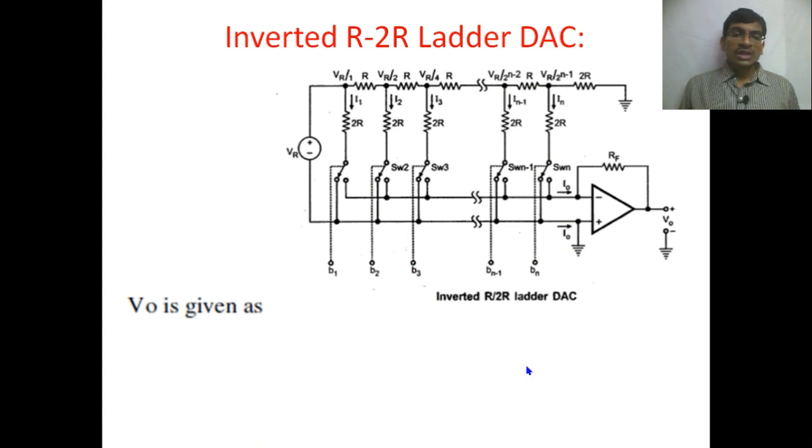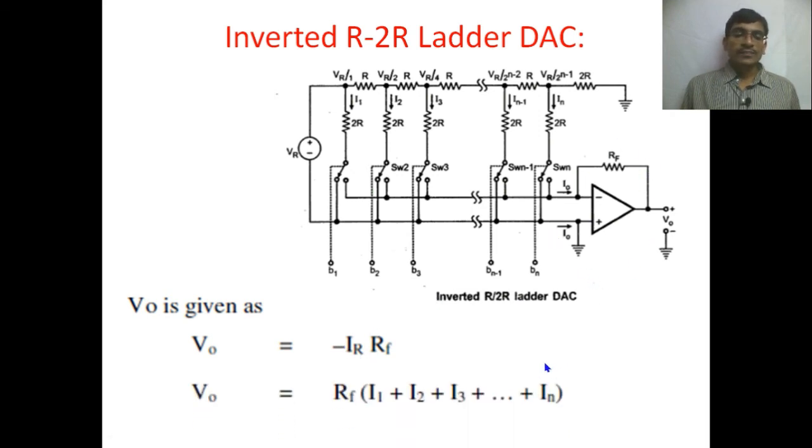So now the output voltage is given as V0 is equal to minus IR RF. IR is the current flowing in the feedback resistance. Okay, that is into the feedback resistance value RF, and here minus indicates that it is operating in the inverting mode.